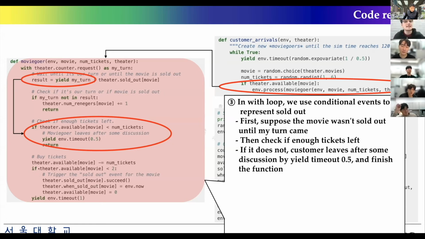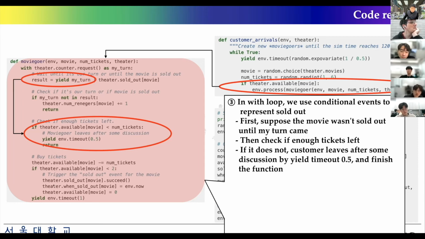And this part is very important, because in this ticket counter, you have to decide about triggering the sold out event for the relevant movie. So if the number of remaining tickets is smaller than 2, in this case, the number may be 0 or 1.